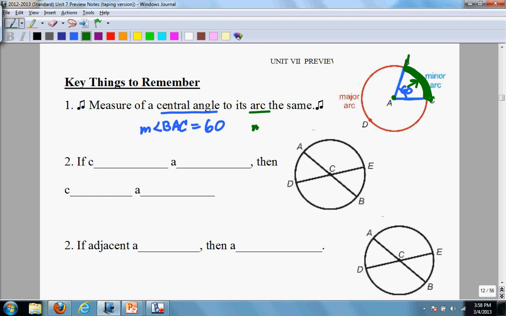Now do this: measure of arc BC with a little arc above it. The degree measure of this arc is also going to be 60 degrees. So measure of arc BC equals 60. So if the central angle is 60, the degree measure of the arc is 60. Measure of a central angle to its arc the same.